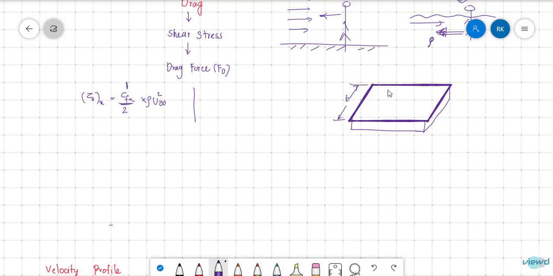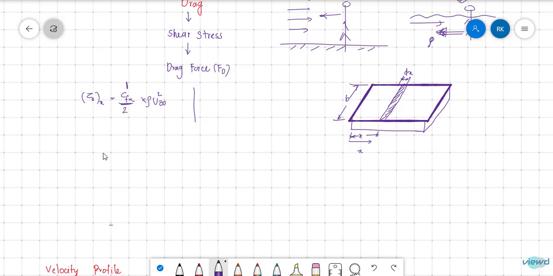Now if I consider this is the x direction, I am considering it at a distance of x. I am considering this small strip of length dx. At this point of x there is shear stress tau naught x.